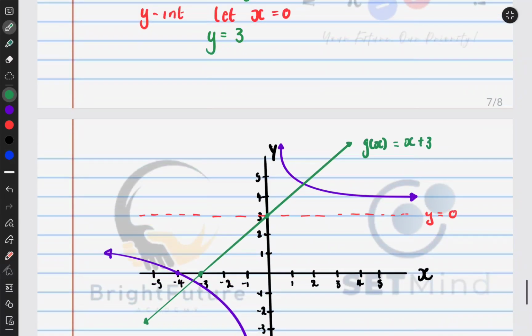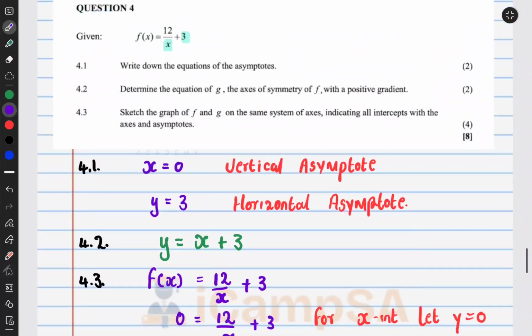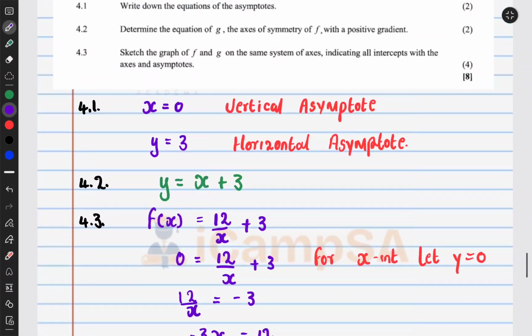And then the other function is what? f of x is equal to 12 over x plus 3. Yeah, we have labeled, indicating all intercepts with the axes and the asymptotes.